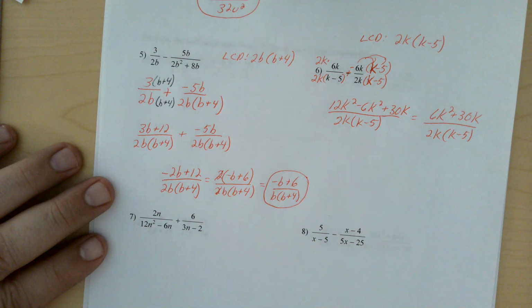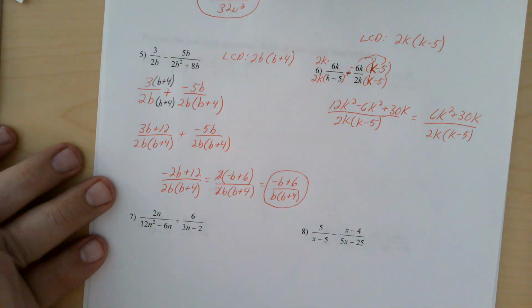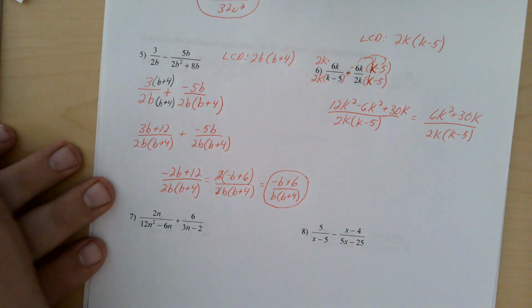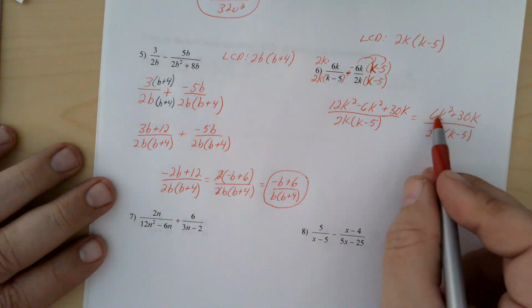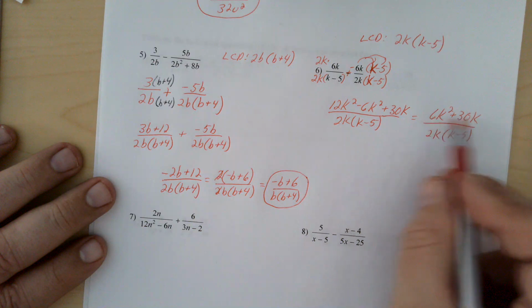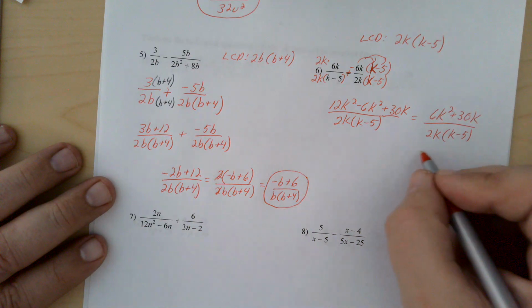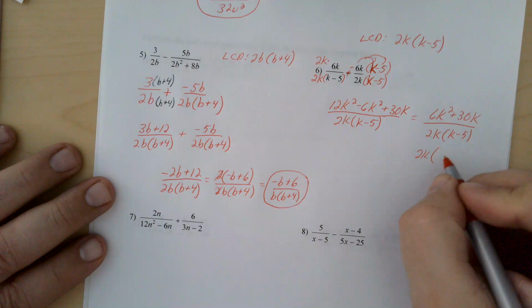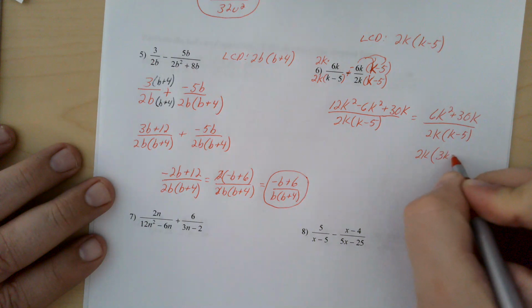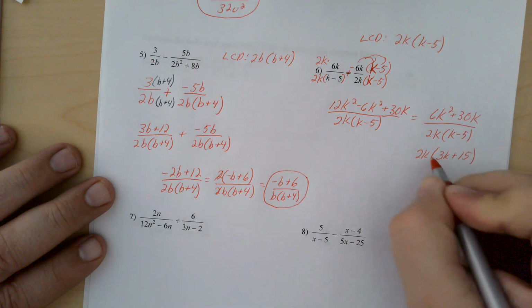Okay, now that can be reduced once again, only because the top, I need you to realize that these are both even, so I can factor out a 2k from the top two terms. So I'm going to put a 2k up top, and I'm going to have a 3k plus 15 up top.